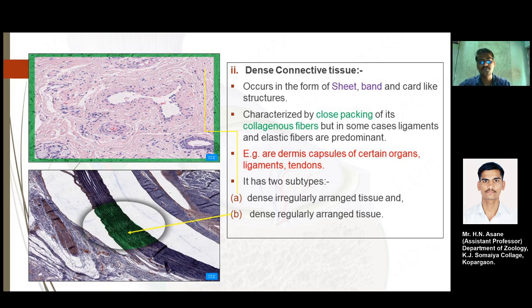Ligaments are present in the bone, connect one bone to another bone, and give mechanical support to our legs, joints, hands, etc. The basic difference between ligaments and tendons is this: if you are moving your hand, we are able to move this hand because of the tendons.